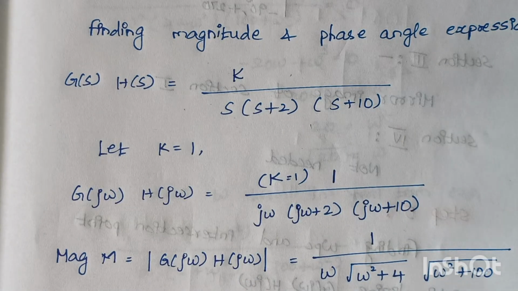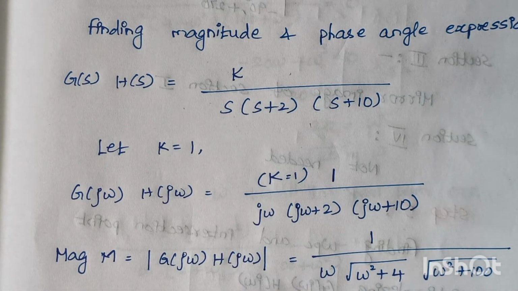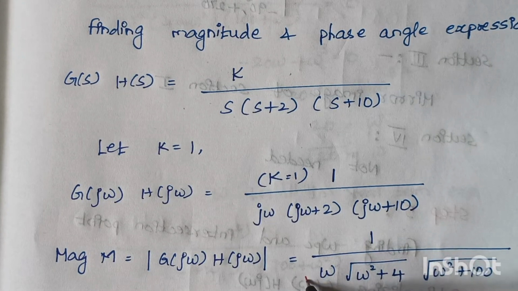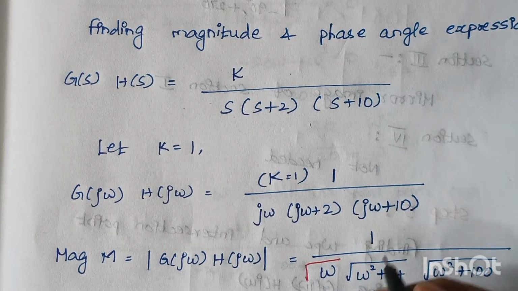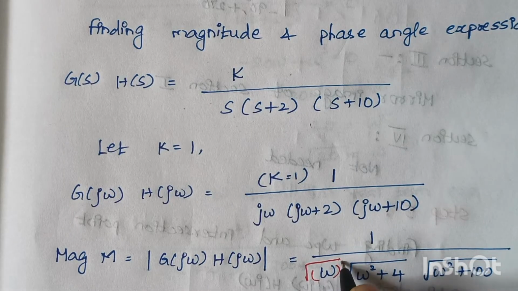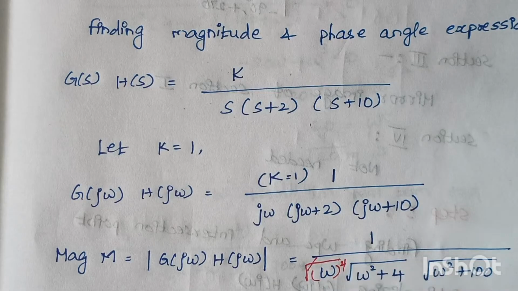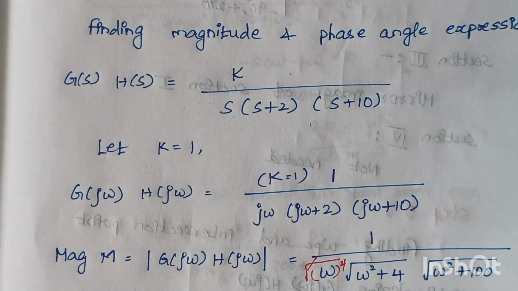Next we find the expression for magnitude. To find the magnitude, we take the square root as well as square the elements, both done simultaneously. For the j omega term, the square root and the square cancel each other, so the remaining term is omega.